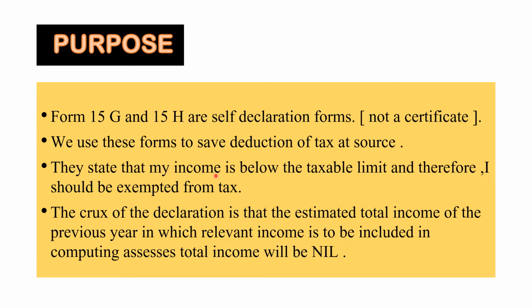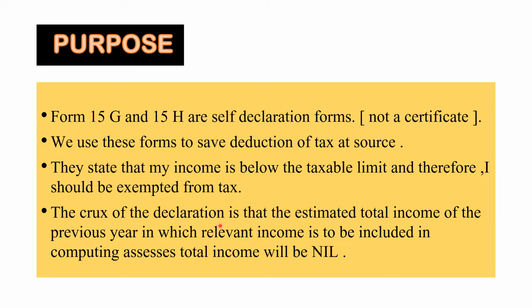They state that my income is below the taxable limit and therefore I should be exempted from the tax. You will mention your income and declare yourself that your income is below the taxable limit. Since your income is below the taxable limit, it does not fall into the tax slab. Therefore, please don't deduct my tax at source.